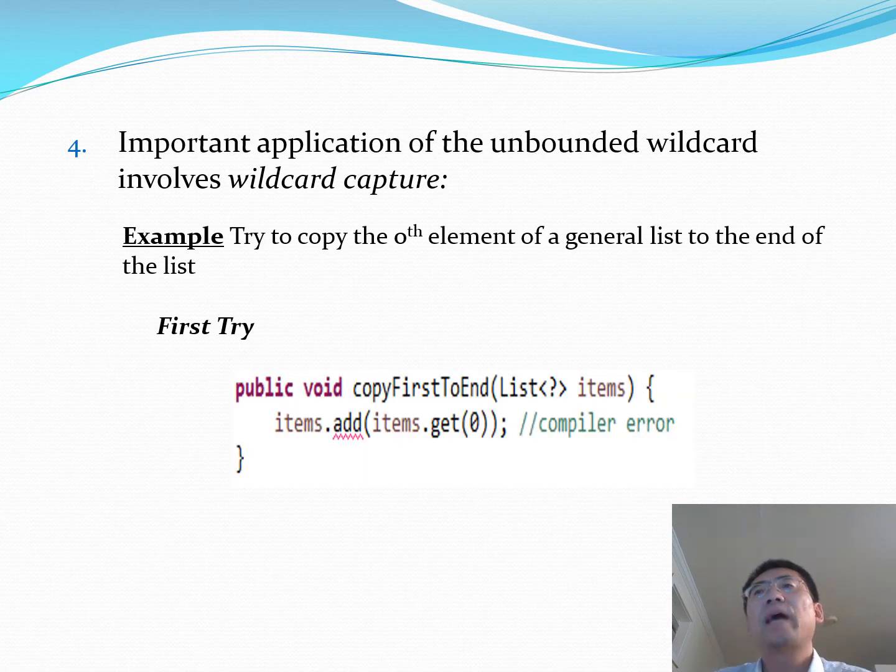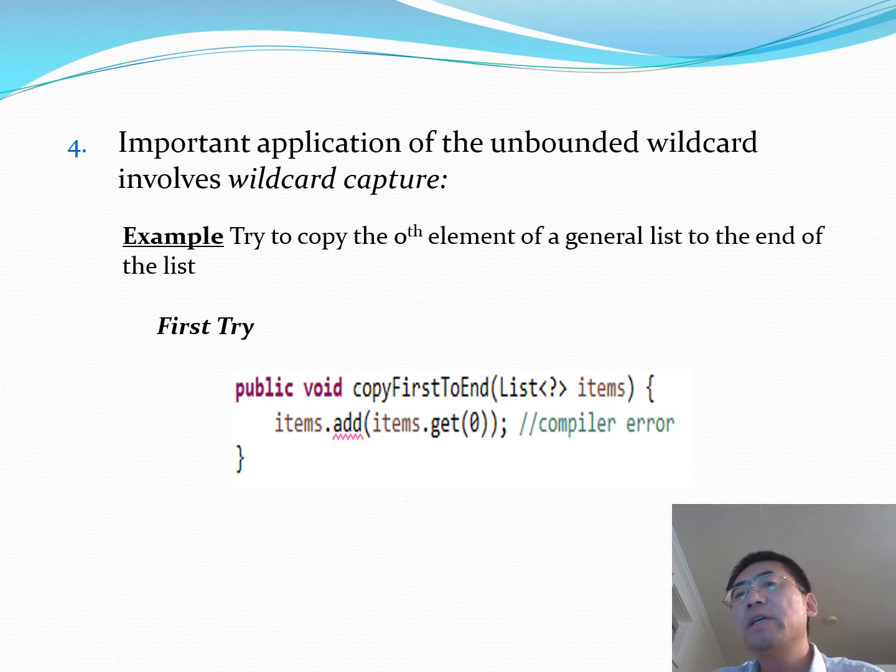One important application for this unbounded wildcard is wildcard capture. So imagine we want to do this. We have a list. We want to move the first element to the end of the list. So what do we have to do?